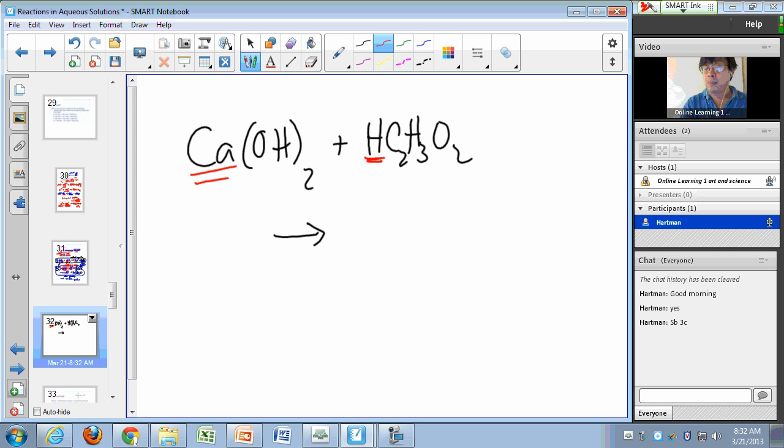So the H from the acid and the hydroxide from the base would give you water. Acid plus base gives you water and salt. What's the salt? The salt comes from the positive ion from the base and the negative ion from the acid. So your salt would be calcium acetate.